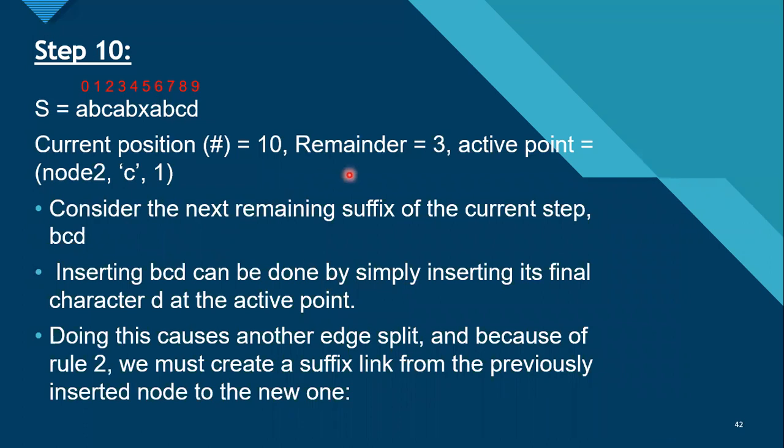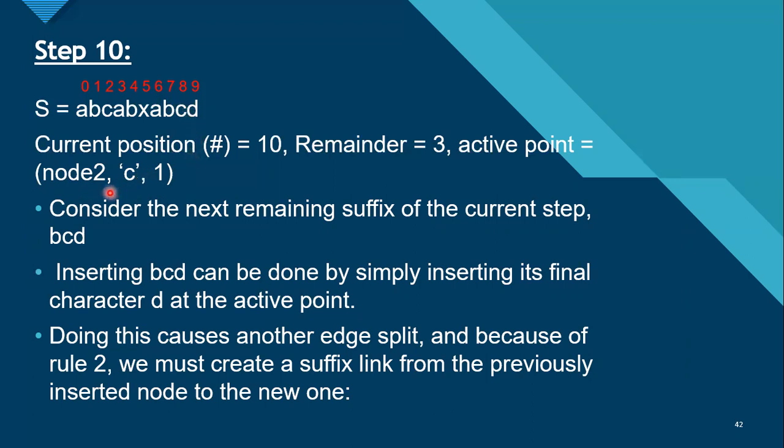And since we made a successful insert, we now decrement the remainder by 1, so it becomes 3 instead of 4. Our active point is node 2, C1. Our next suffix that we are trying to insert in this step is BCD. We insert this suffix by simply inserting the final character D at the current active point.